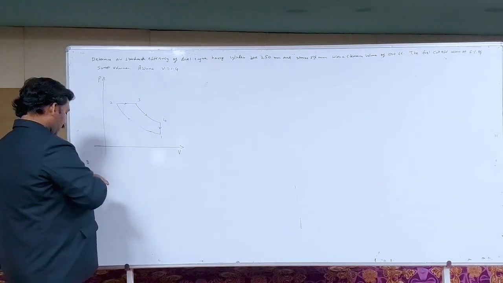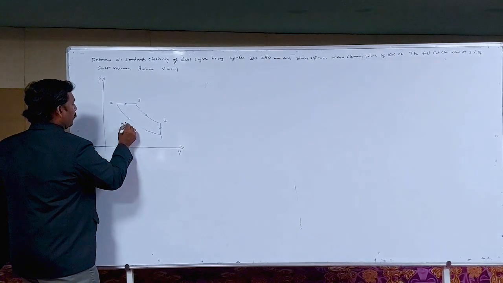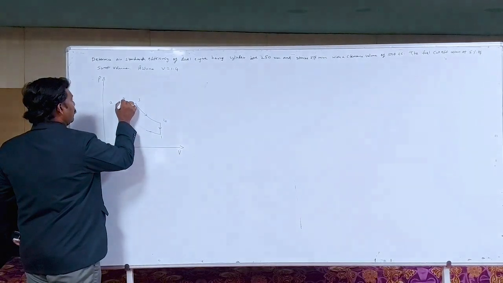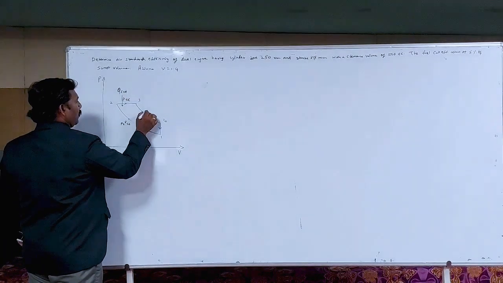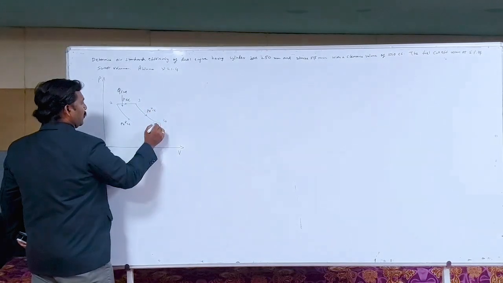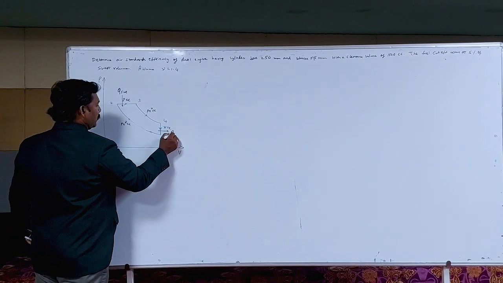Now, so this is PV power gamma is equal to constant, P is equal to constant, heat supplied, and PV power gamma is equal to constant, and here V is equal to constant, heat rejection.